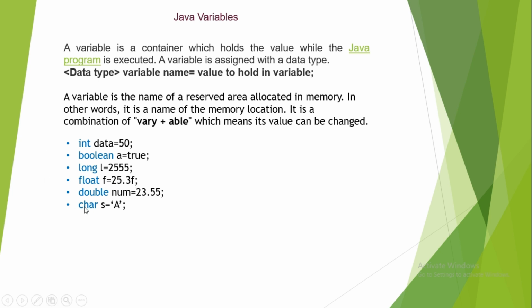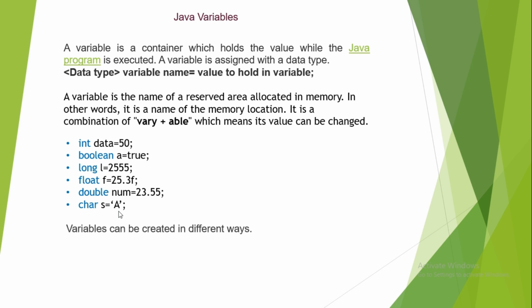And character, s equal to a. Suppose you want to store a character in a variable, you have to give char data type and s equal to a in single quotes. These are a few examples of data types: int data type, boolean data type, long data type, float, double, character. These are the different ways to define the variables.